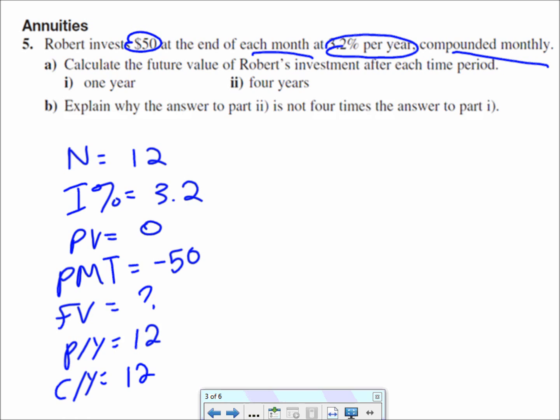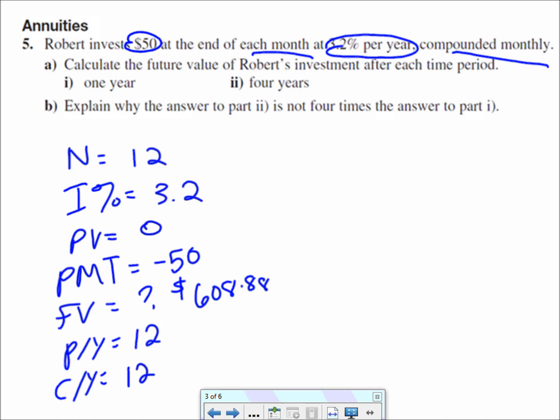So 12, 3.2, just plugging this into my TVM solver. Oh, 50 is my payment, not done. So I got our future value to be $608.88.